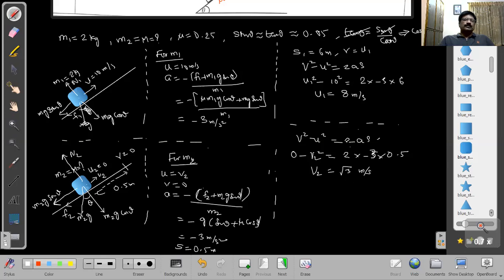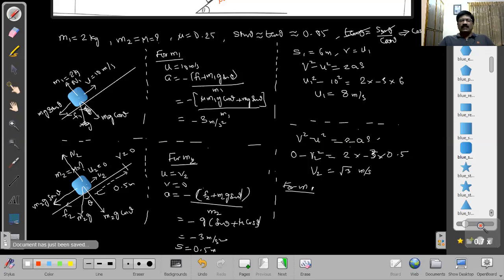Next, after collision, what is the velocity of the first body? In case of the first body, that means for m1, in order to find it, because of collision, they obey the law of conservation of linear momentum. Just before collision, we can apply the law of conservation of linear momentum.